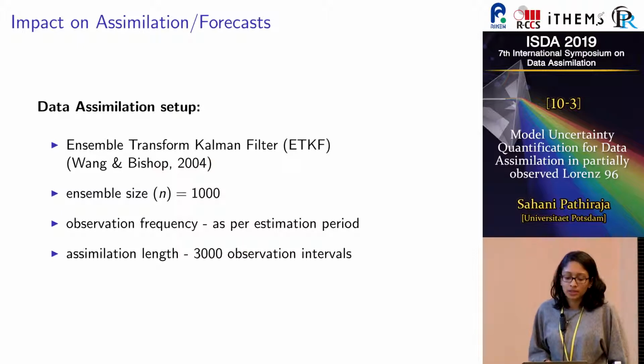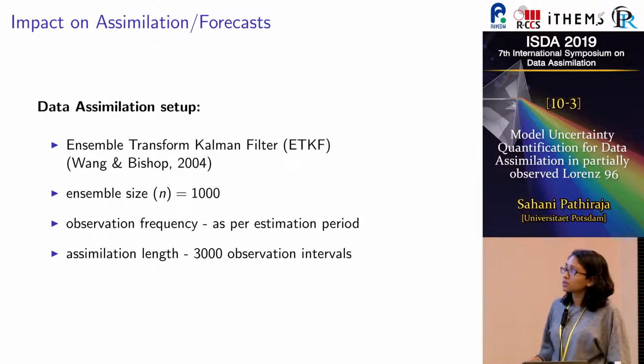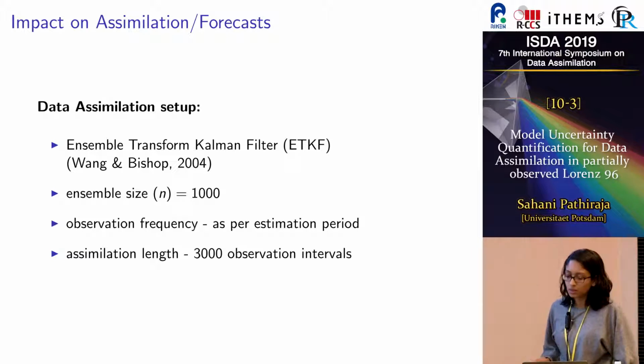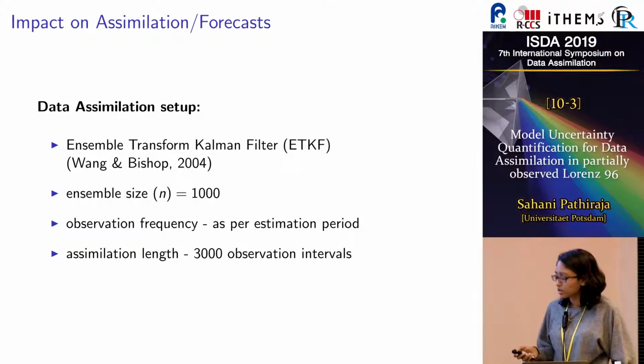Okay, so we also examined the effects of these different uncertainty quantification schemes on assimilation and forecast outcomes. So we used a typical ensemble transform Kalman filter that's very popular with a fairly large ensemble size, so we don't have to worry about the effects of localization and small sample errors.